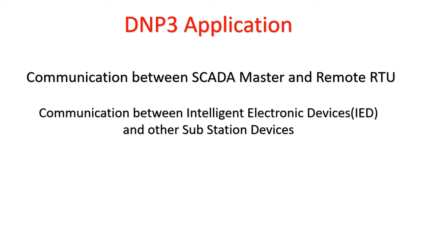And most recently, it has become a commonly used protocol for communicating with intelligent electronic devices such as protective relays and other common electrical substation equipment. So these two areas are the basic applications of DNP3.